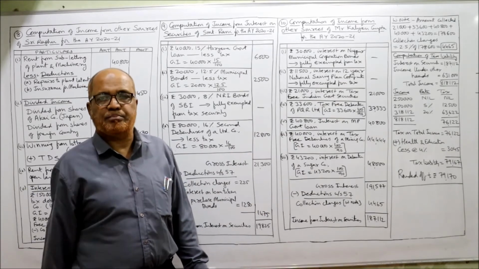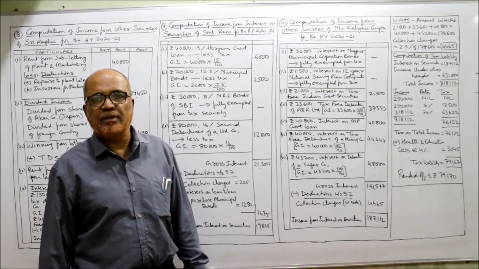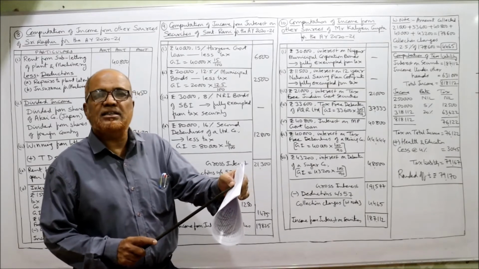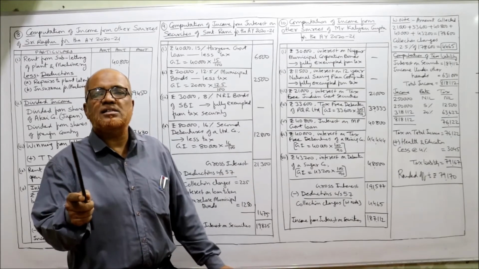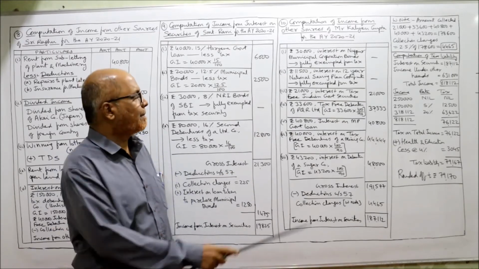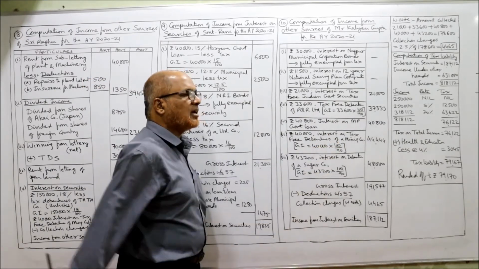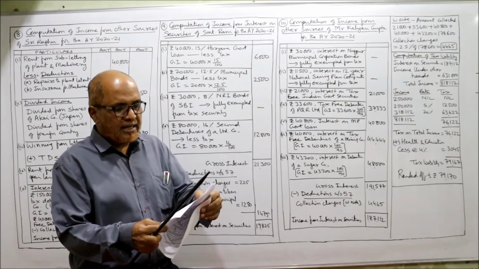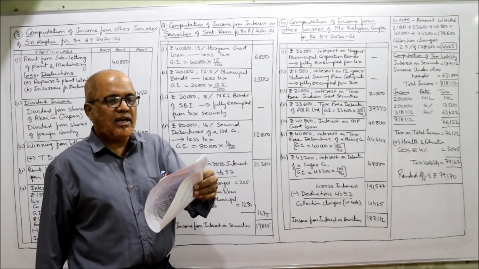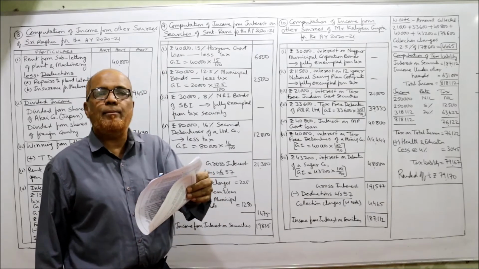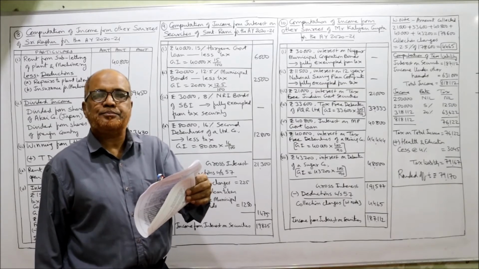Now we have to gross it up. So net interest amount is 33,600. So 33,600 into 100 by 90. 37,333.